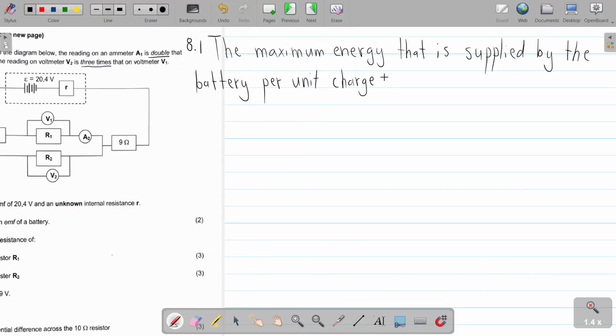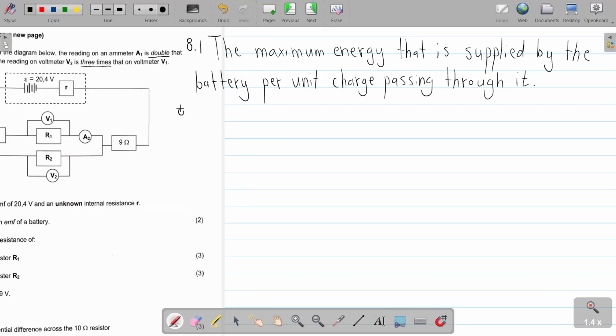Per unit charge passing through it. So this is the definition for EMF. Okay.